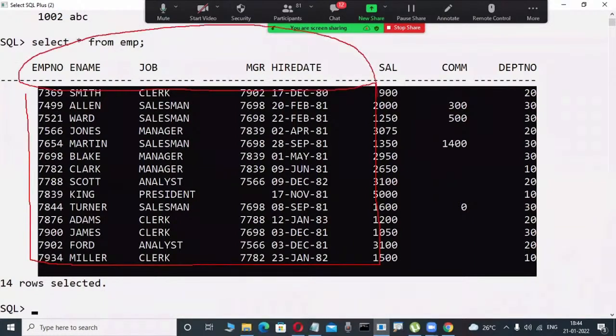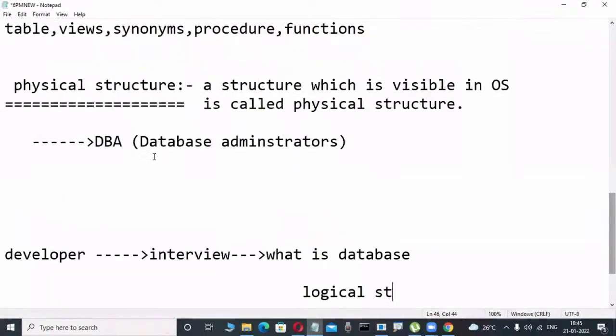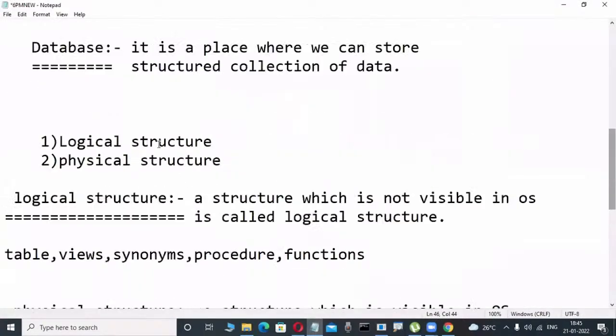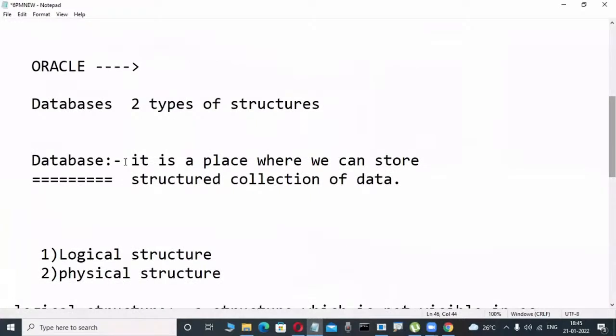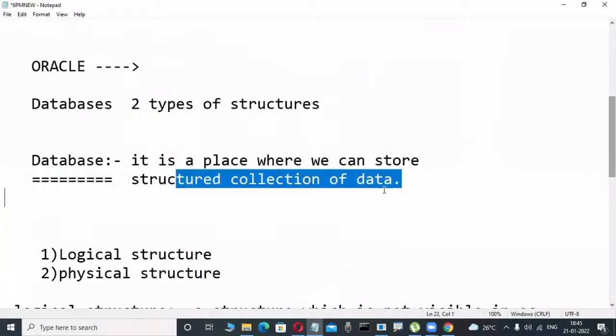Database is a place that stores a structured collection of data, because we are learning the relational database side, the logical side. That's why in books, or when we type what is a database in Google, two definitions are there, but most developers write that it is a place where we can store structured collection of data.